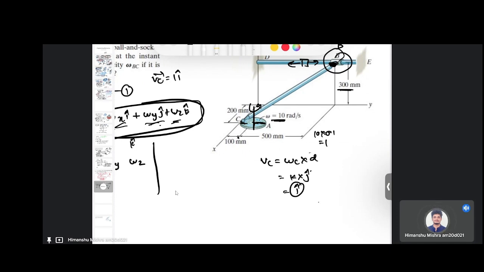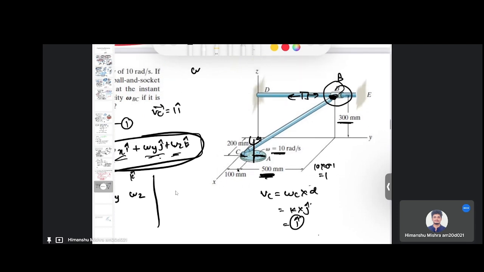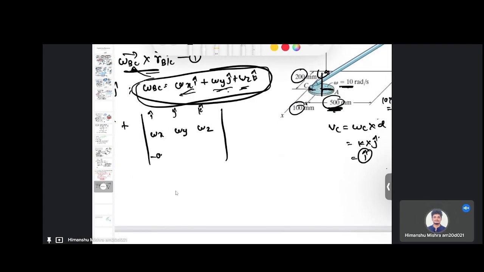This is the z component, this is the y component, this plus this is the y component, and this is my x component. So it's minus 0.2. So basically this R_B with respect to C is minus 0.2i plus 0.6j plus 0.3k. So it's minus 0.2 here, 0.6 here and 0.3 here, right?